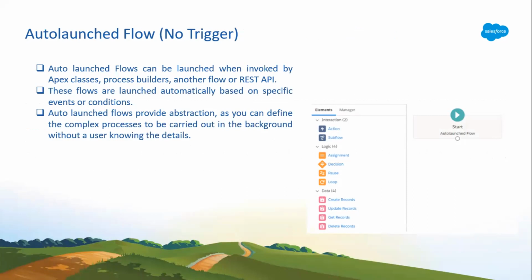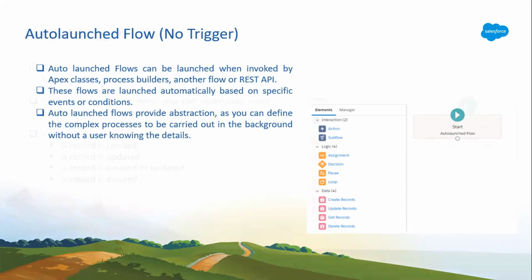This will launch automatically based on a specific event or condition, and we can define a complex process to be carried out in the background without any user knowing the details. This is how the auto launch flow looks like. It is similar to the flows I have demoed. Here the wording is auto launch flow, and the way we use it is different.